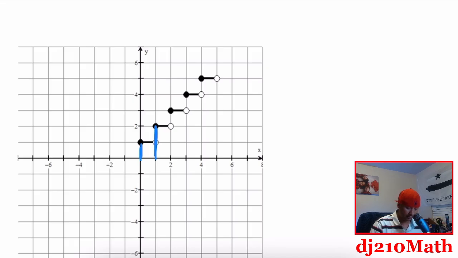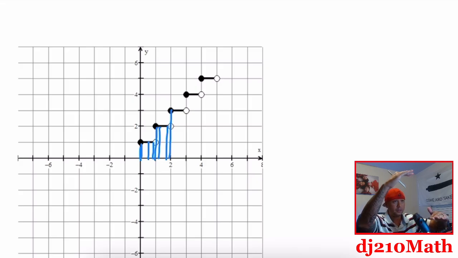Because x is equal to 0, 0.5, 0.9, and then 1. 1.1, 1.8, 1.9, and then 2. So just because it's broken, it appears broken. But in terms of x, if you were to smash them together, right, like push them together, they would make one continuous line, kind of like Legos or something.